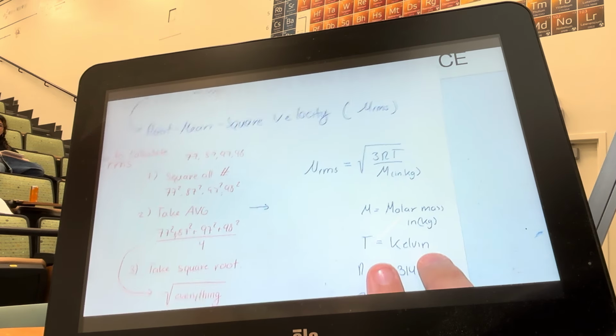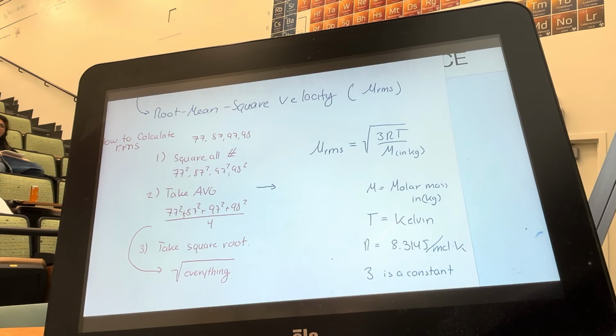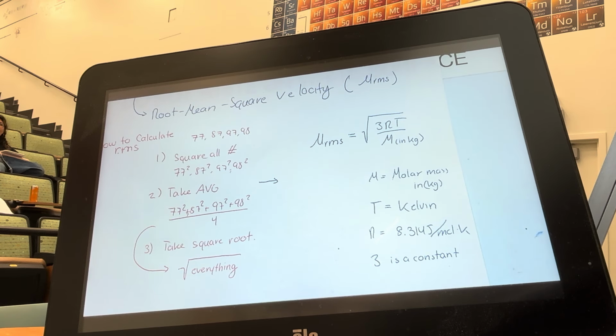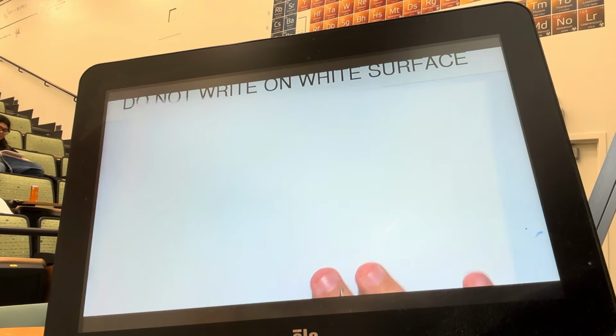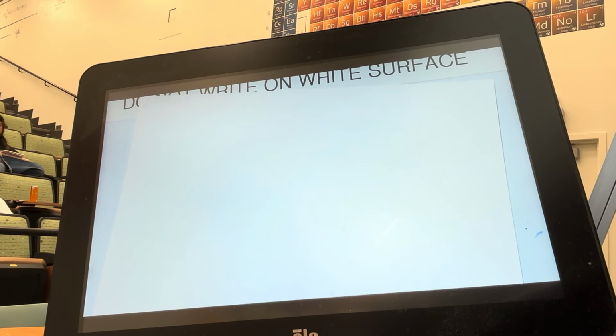Does that make sense? VRMS, okay? So now we're going to look at what we've learned from our gas laws to tell us about the different relationships without even looking at predictive values.